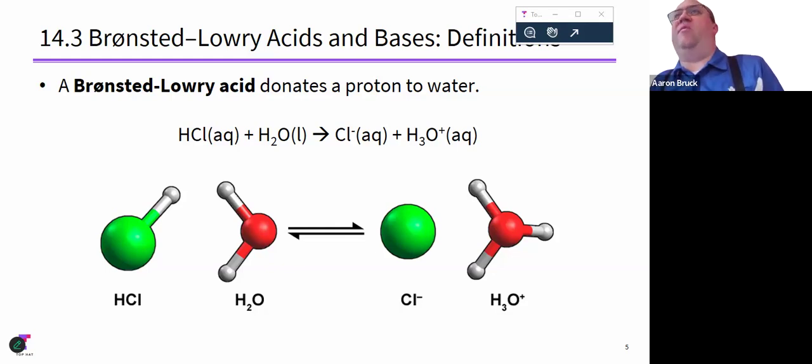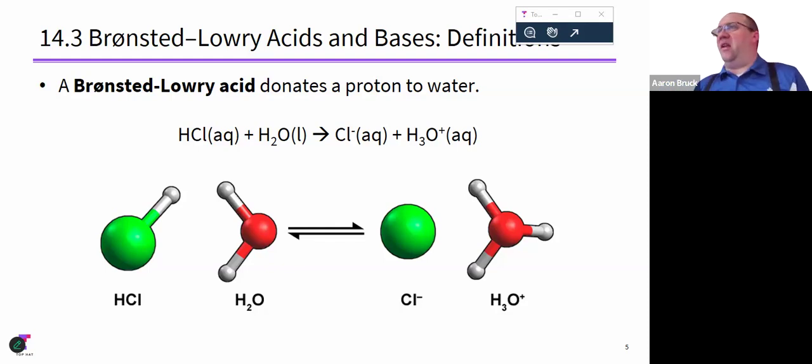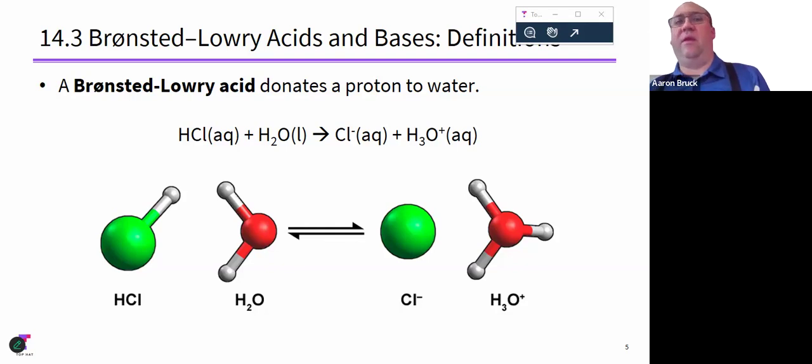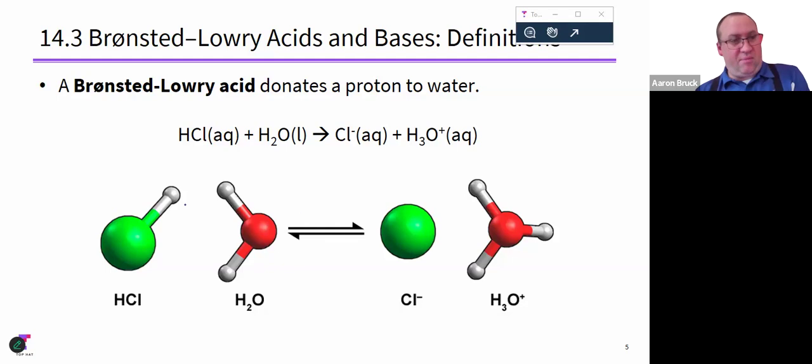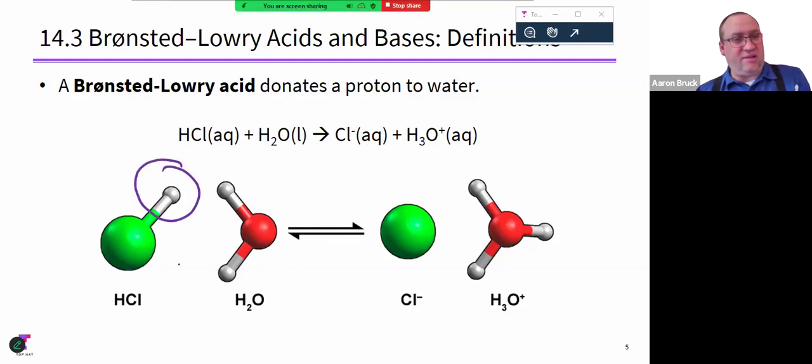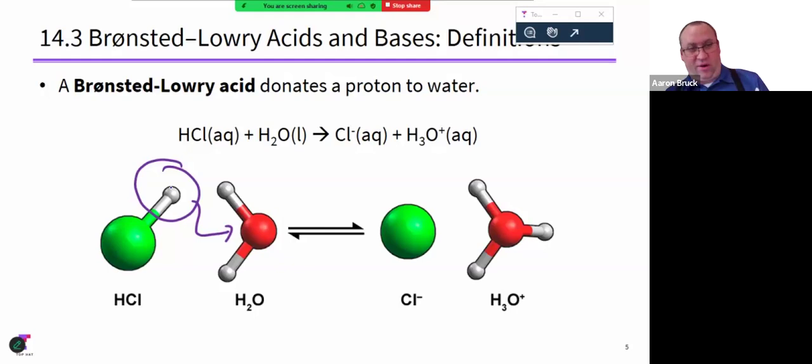So if I'm given a chemical reaction, if I notice that there is a proton exchange in that chemical reaction, that is an indication of Bronsted-Lowry acid and base behavior. And so what we see in Bronsted-Lowry behavior is hydrogens moving from one compound to another.